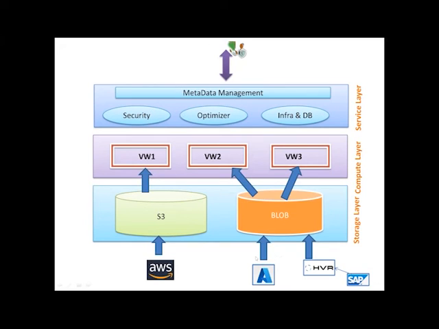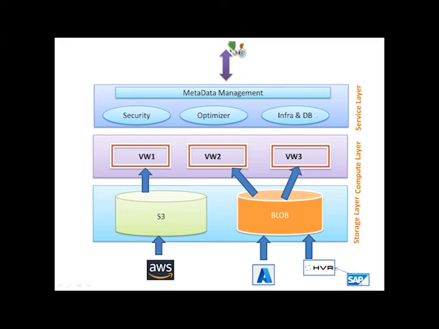Similarly, the data present in Azure, when we load it into Snowflake, will be stored in the storage layer as blob. From the blob, again, the virtual layer triggers the query, and whatever data is fetched is based upon the user or client requirement. That information will be processed via the service layer to the client.